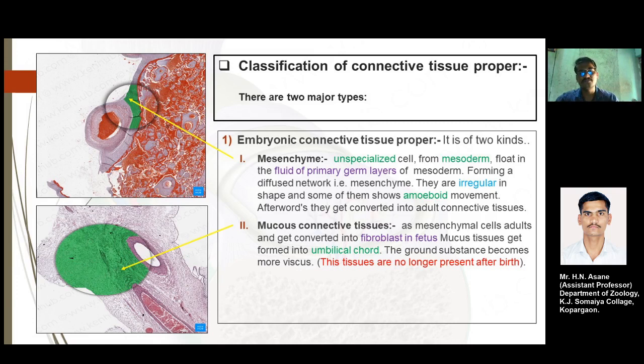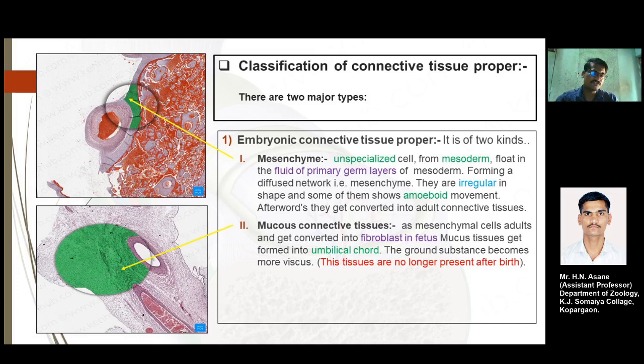So the umbilical cord plays a major role in hormone secretion for the mother's body and the fetal body, providing the proper substances. The mesenchymal cell in the adult gets converted into the fibroblast in the fetus. Mucous tissue gets formed in the umbilical cord, and the ground substance becomes more viscous.